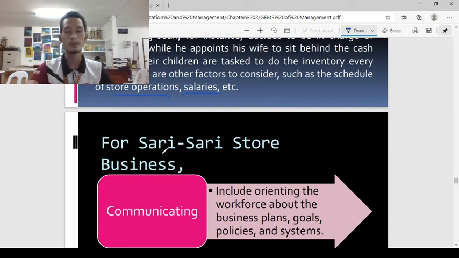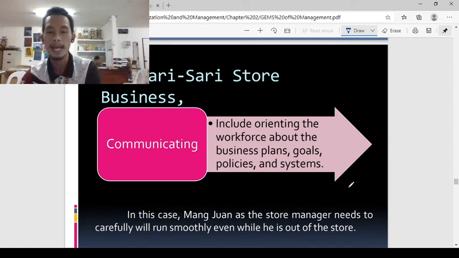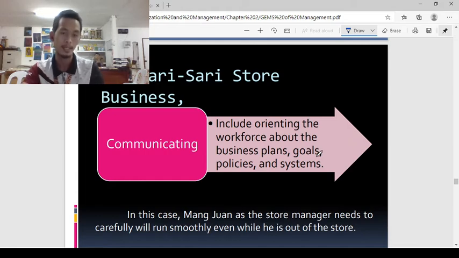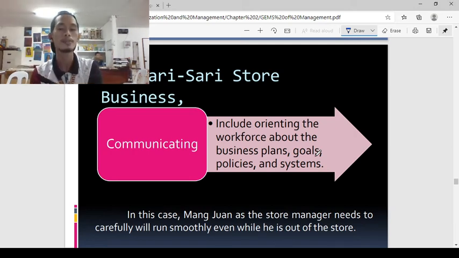For sari-sari store business, communicating includes orienting the workforce about business plans, goals, policies, and systems. In this case, Mang Juan as a store manager needs to communicate carefully so the store will run smoothly even while he is out of the store.